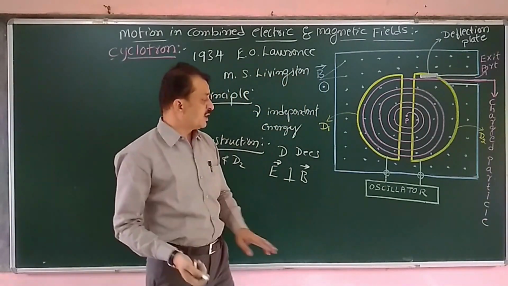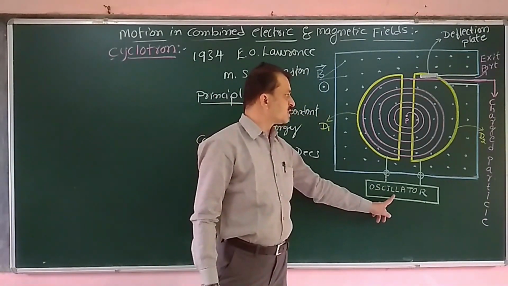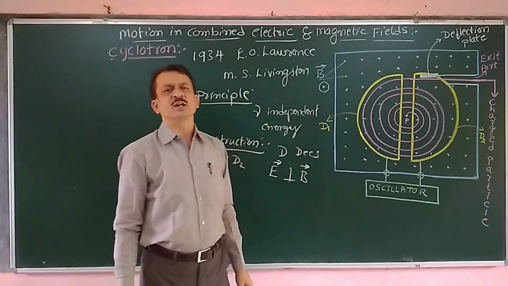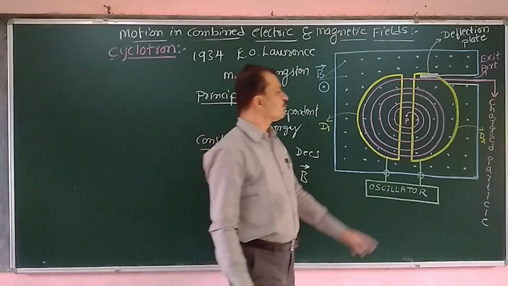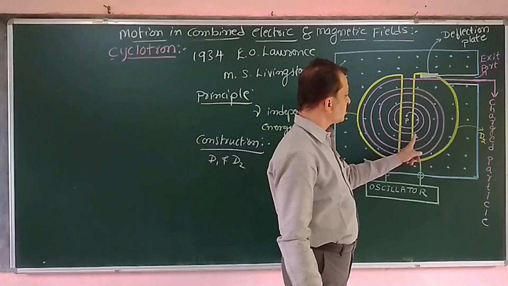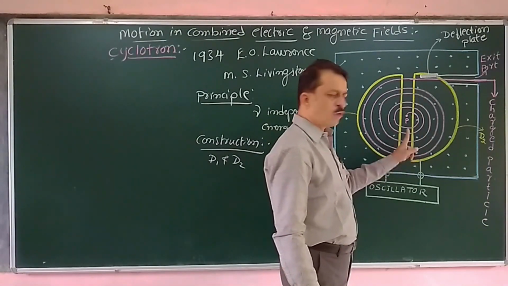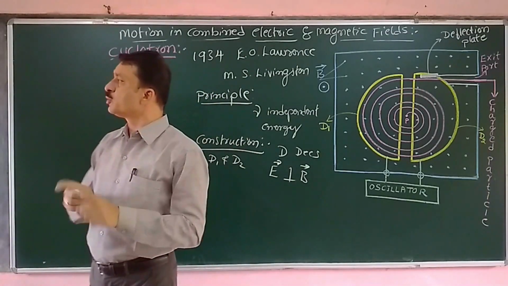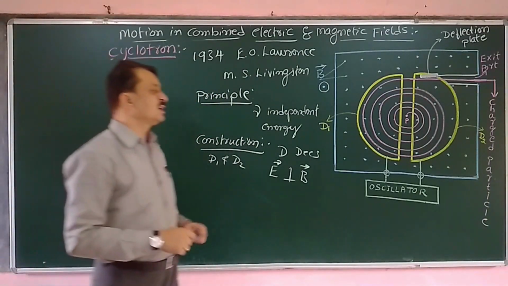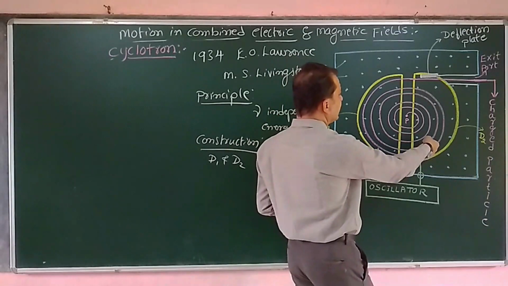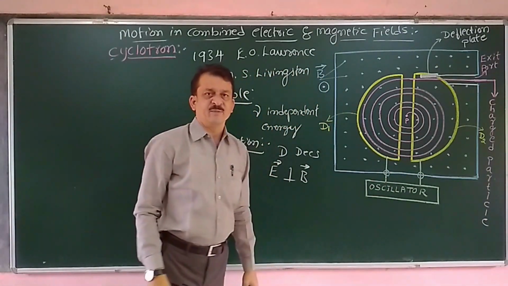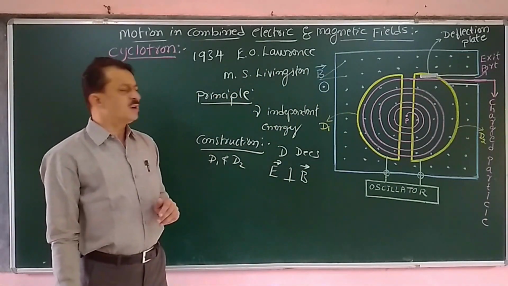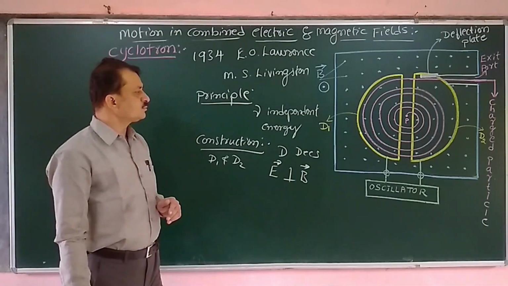One is the frequency of oscillator should match with the frequency of revolution, and another thing is, as and when the charged particle approaches the edge of one D, then the polarity of the two Ds should be interchanged so that the charged particle gets accelerated.